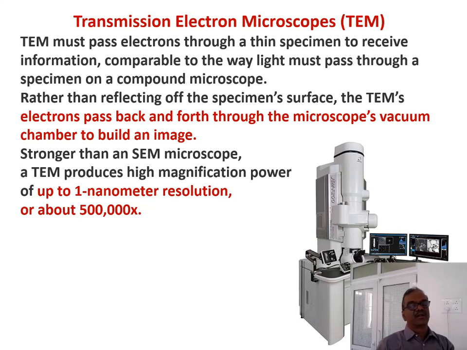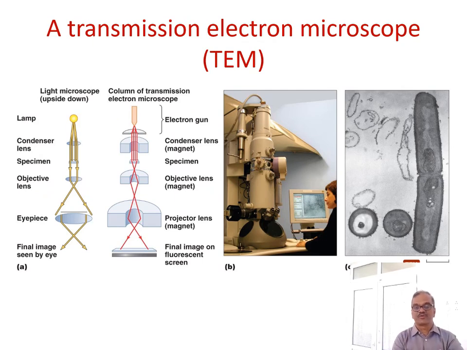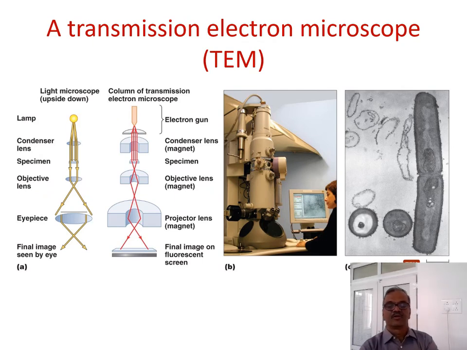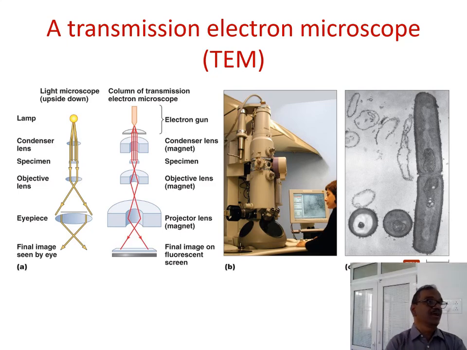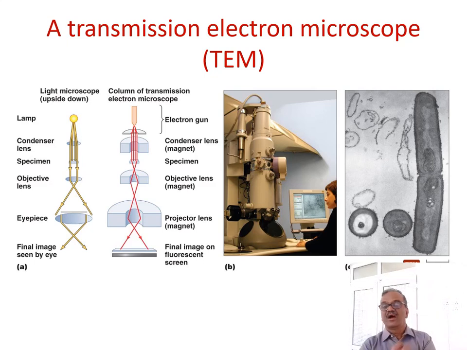It is stronger than the light microscope, with up to 1 nanometer resolution and 500,000x. Just observe it; it looks like a rocket launching pad. It is used to observe specimens at a very good scale, with the final image on a fluorescent screen.